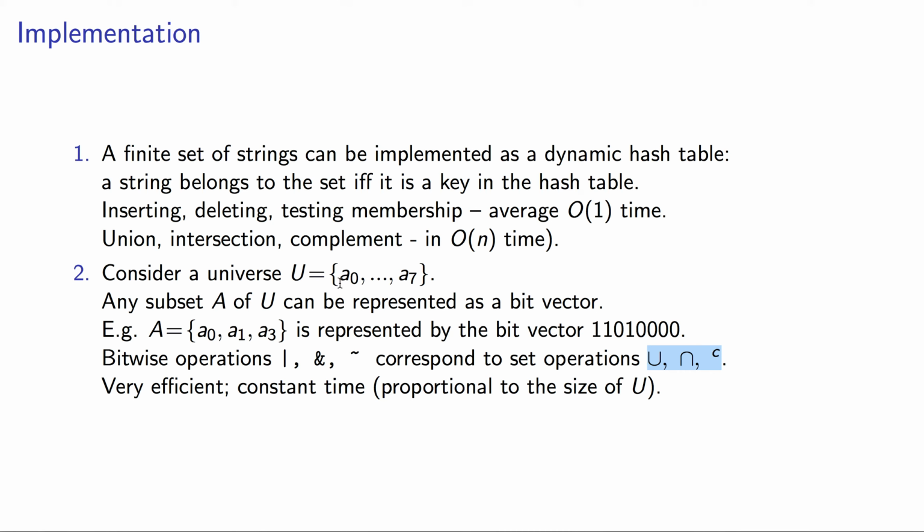And one can consider universes bigger than the one I used. Actually, using this idea, the universe could be of any size that fits in the memory allocated to the process. The operations are then constant time, but we need to be aware that this is actually proportional to the size of U.